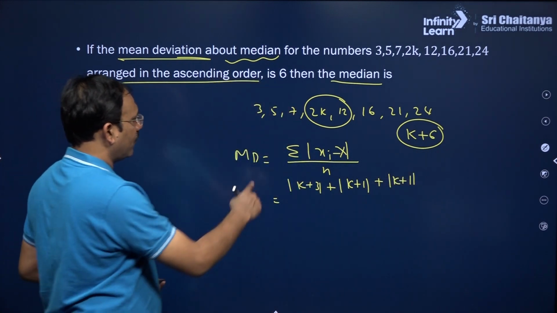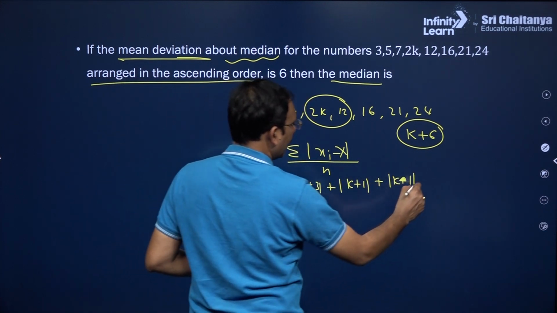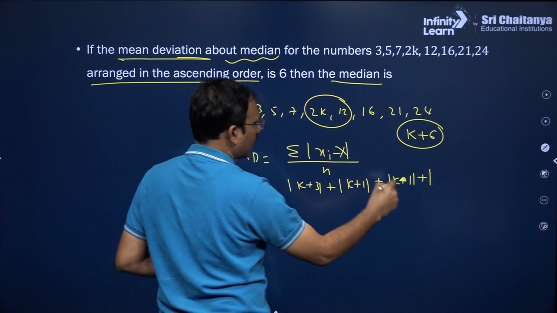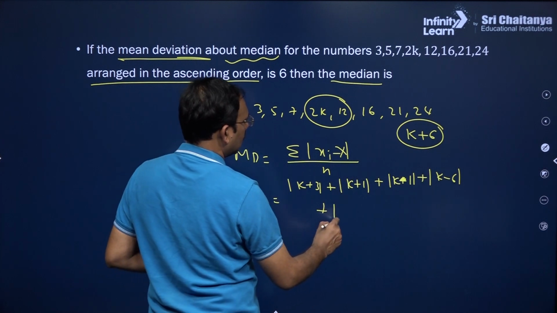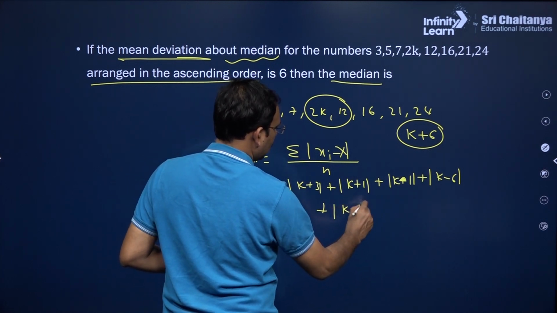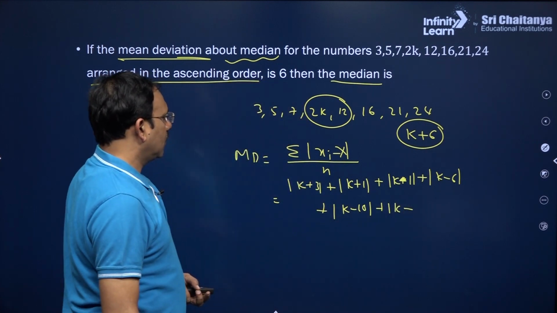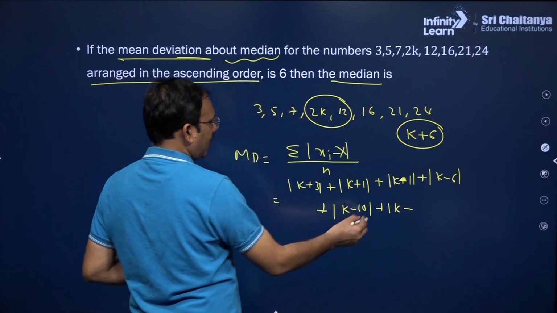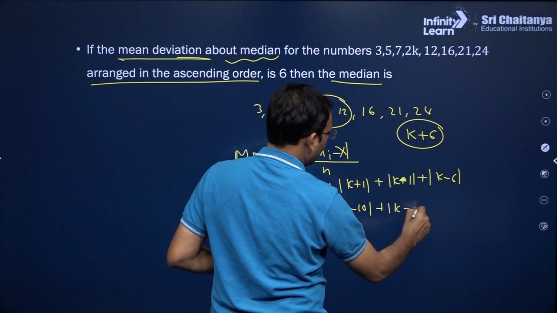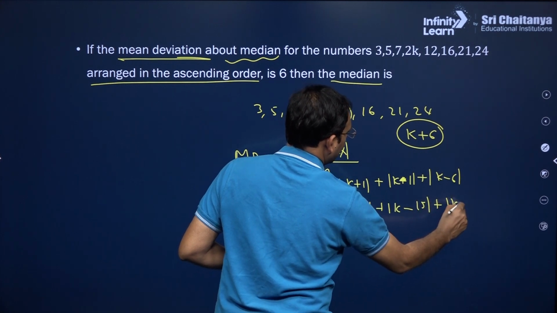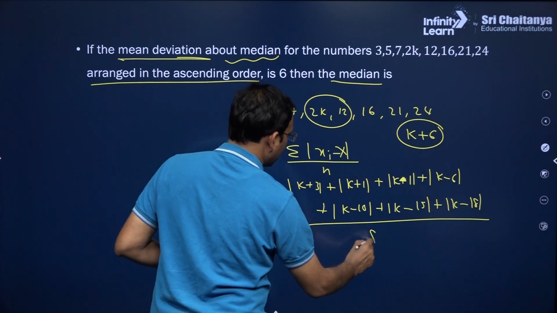Then k minus 1, then 2k minus (k plus 6), which is k minus 6, then k minus 10, then k minus 15, plus k minus 18, by the number of items, which is 8.